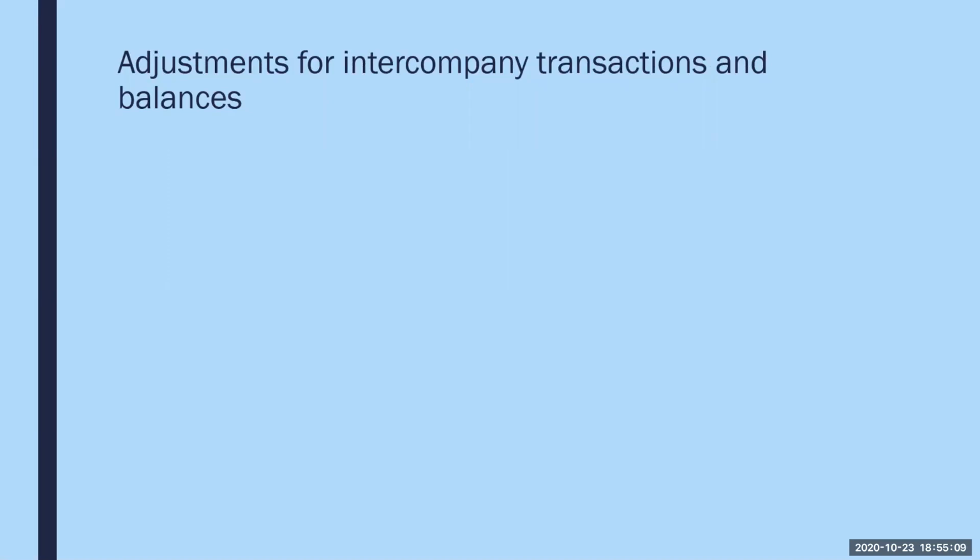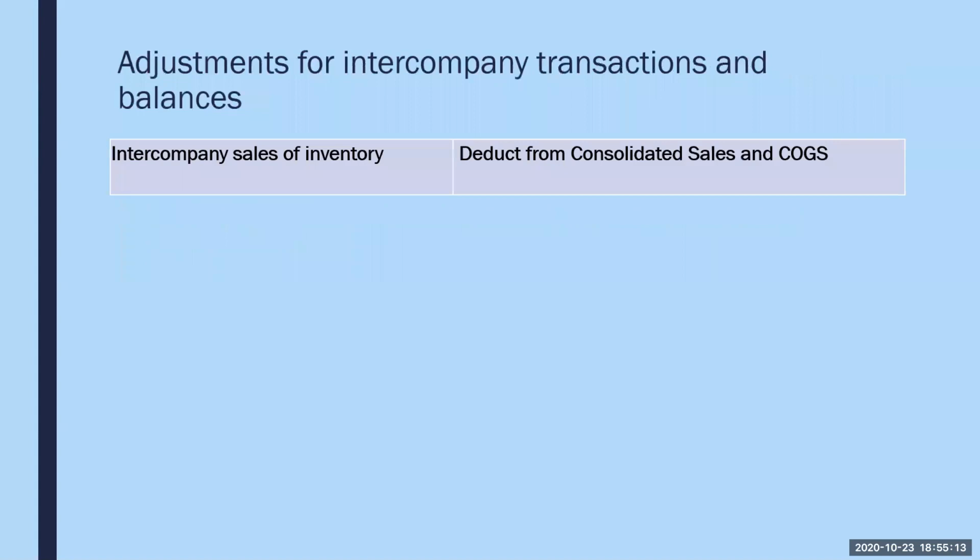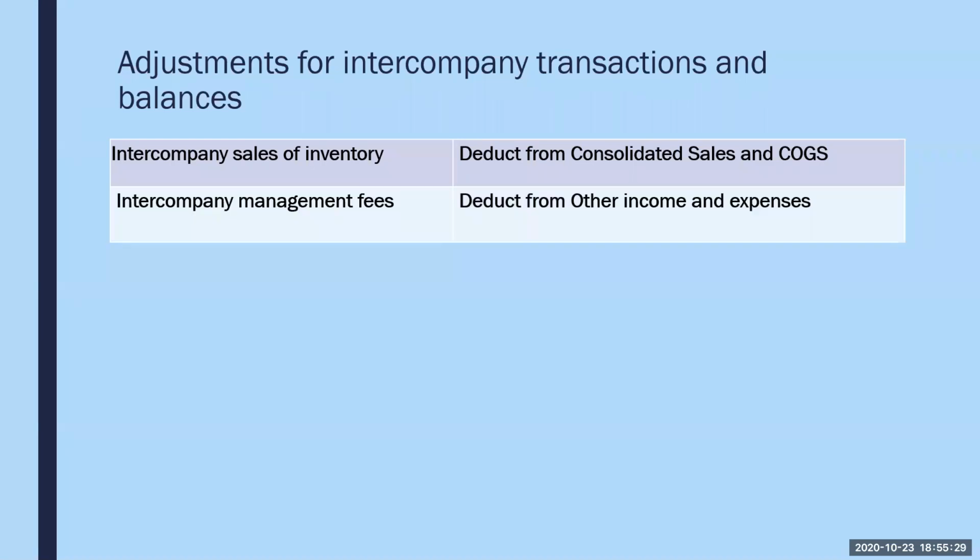So just taking a look at the adjustments for intercompany transactions and balances. If we have an intercompany sale of inventory, we must subtract the sale amount from both consolidated sales and consolidated cost of goods sold. If intercompany management fees are in play, we will deduct the amount from other income and other expenses.